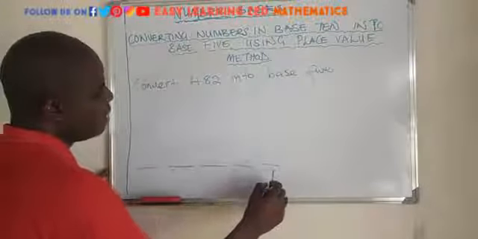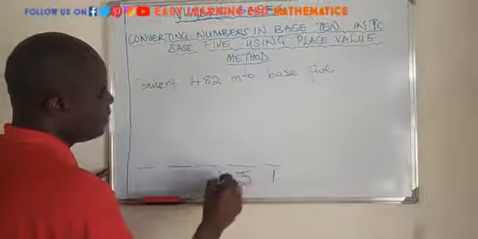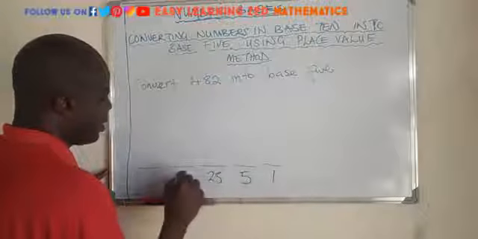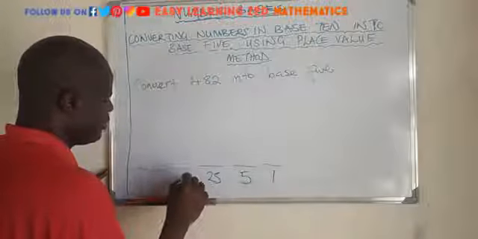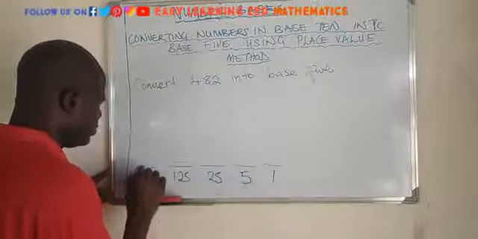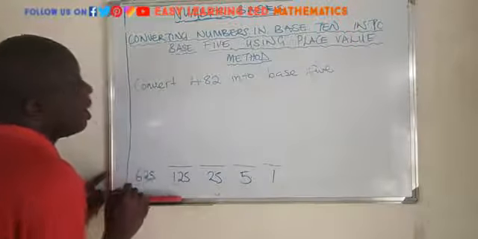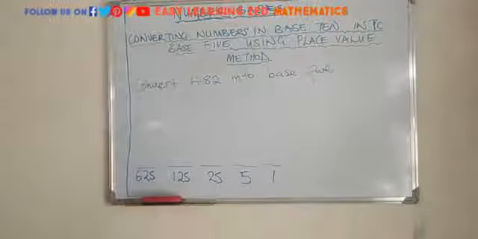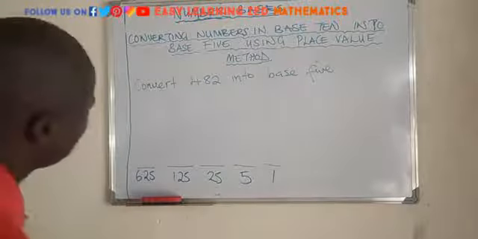So we have 1s, 5s, 25s, 125s, then 625. As you can see, these are the place values we have come up with for the first 5 place values of numbers in base 5.